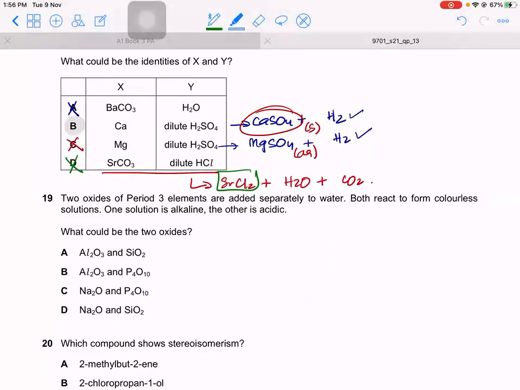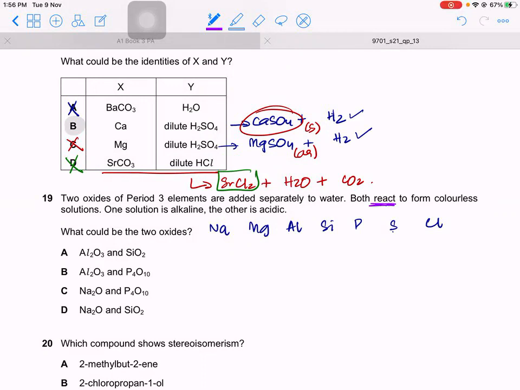Two oxides of period 3 elements are added separately to water. Let me put all the elements: sodium, magnesium, aluminum, silicon, phosphorus, sulfur, chlorine. Not bothering with argon. Now they're saying you add these to water. Both react with water to form colorless solutions.